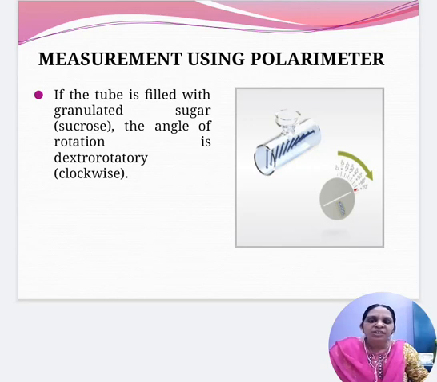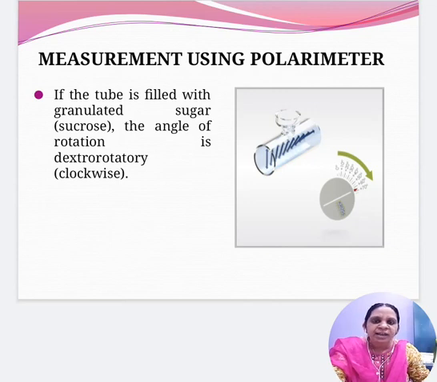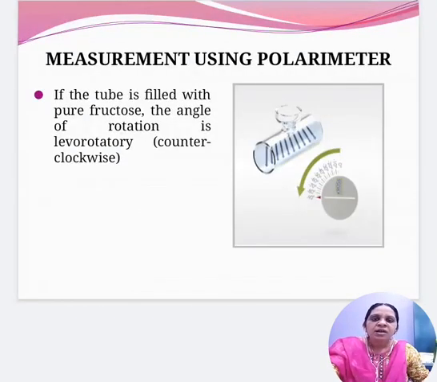Measurement using a polarimeter: if the sample tube is filled with granulated sugar like sucrose, the angle of rotation is dextro-rotatory. As I told you, the rotation will be clockwise. It depends upon the type of the sugar also. If the tube is filled with pure fructose, the angle of rotation is levorotatory.